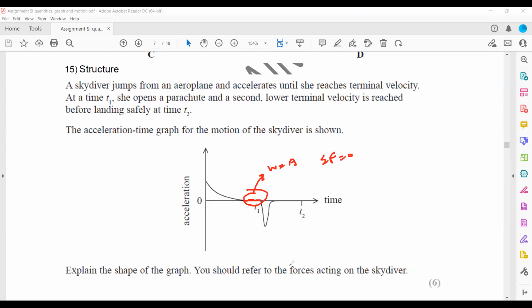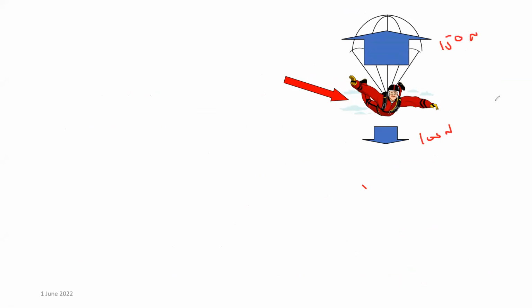But the moment he opens the parachute, there is more air resistance than the downward force. For example, the downward force is 100, but now air resistance is 150. So there is an upward resultant force of 50 Newton, opposite to the direction of the motion.